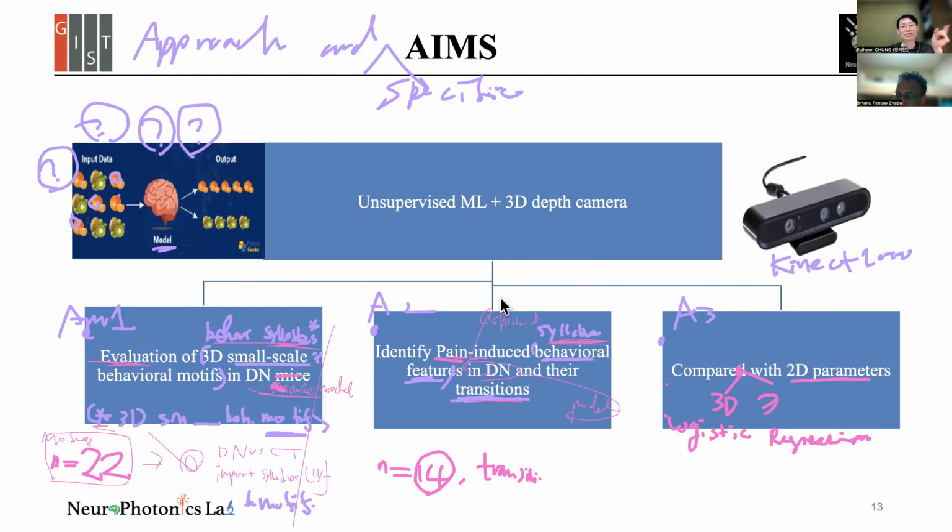Syllable is coming from MOSIC and syllable transition from the other. Did you put that transition reference? Yeah, I put their references, the transition one. And did they use it for diabetic neuropathy or something else? They have used it for another animal model.